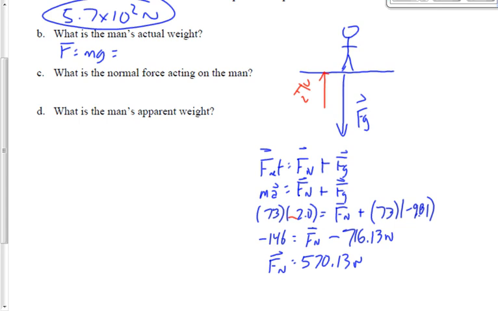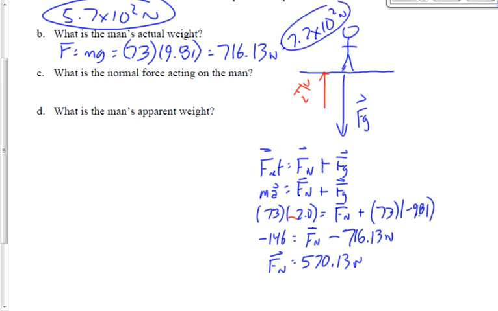The weight is, as Nick said, mass times 9.81. 73 times 9.81 gives me 716.13 newtons, or we should round that to 7.2 times 10 to the 2 newtons. Guys, look at that. I used 2 digits, I used 3 digits, final answer should be 2. Mass is 73. If I ask you for weight, don't say it's 73. It isn't. The weight is 7.2 times 10 to the 2.